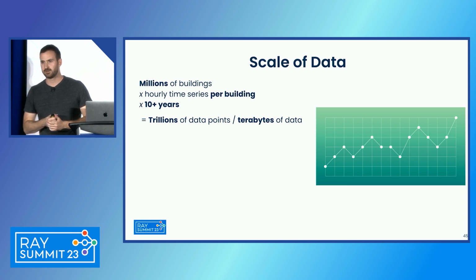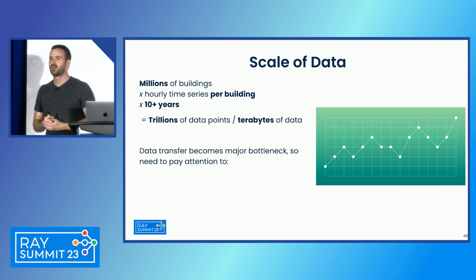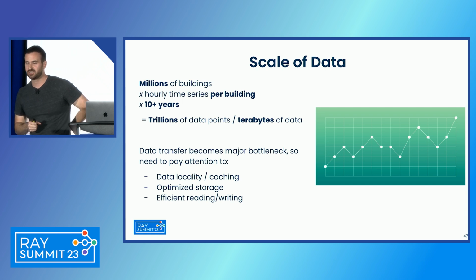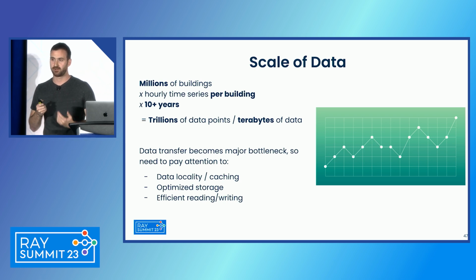And so this can end up being trillions of data points or terabytes of data. At these scales, data transfer can become a major bottleneck. So you really need to pay attention to things like data locality and caching, making sure you have optimized storage, and making sure your read and write processes are efficient.